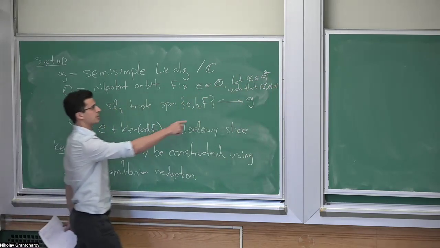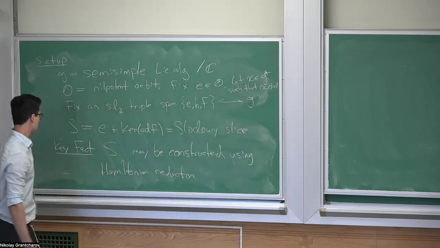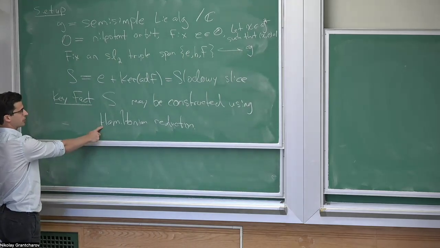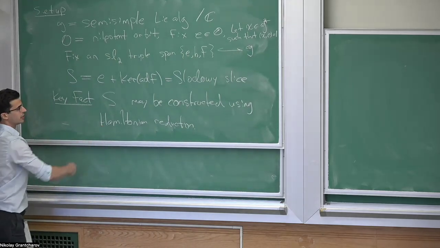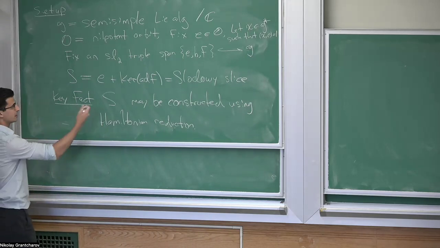And sometimes this chi is called a Whittaker function or Whittaker character. And another way of saying Hamiltonian reduction that you'll see in the literature is constant Whittaker reduction, corresponding to this character chi.